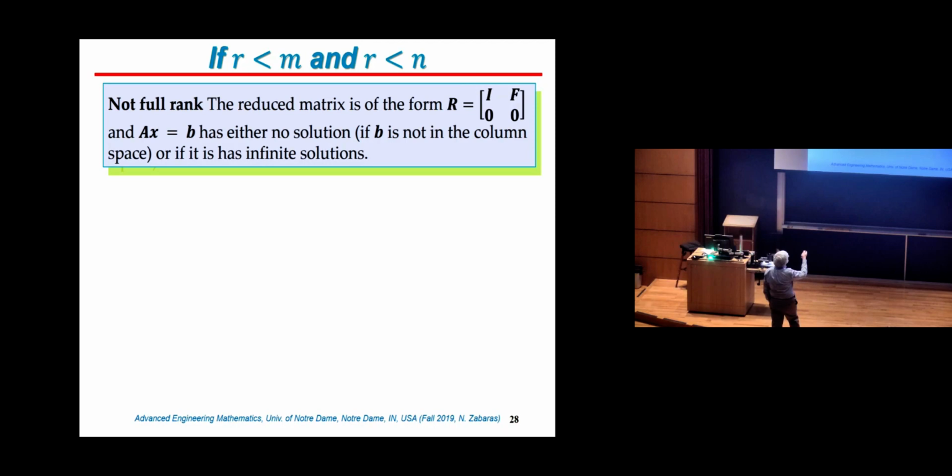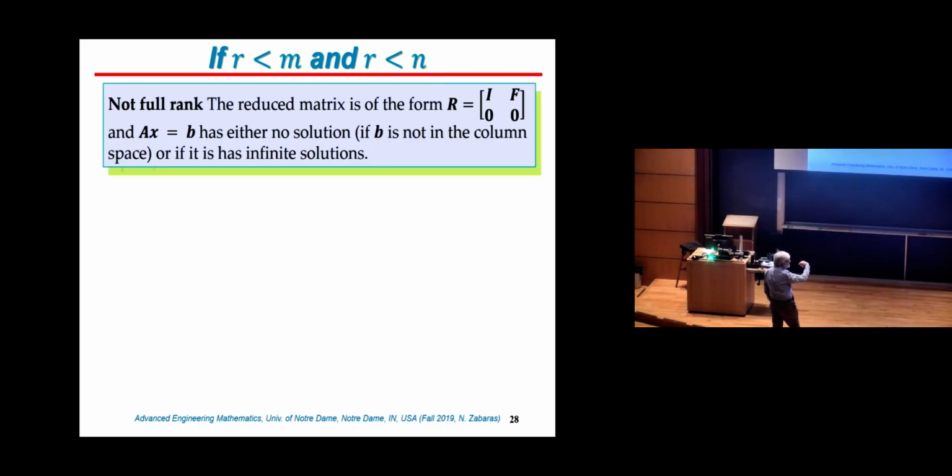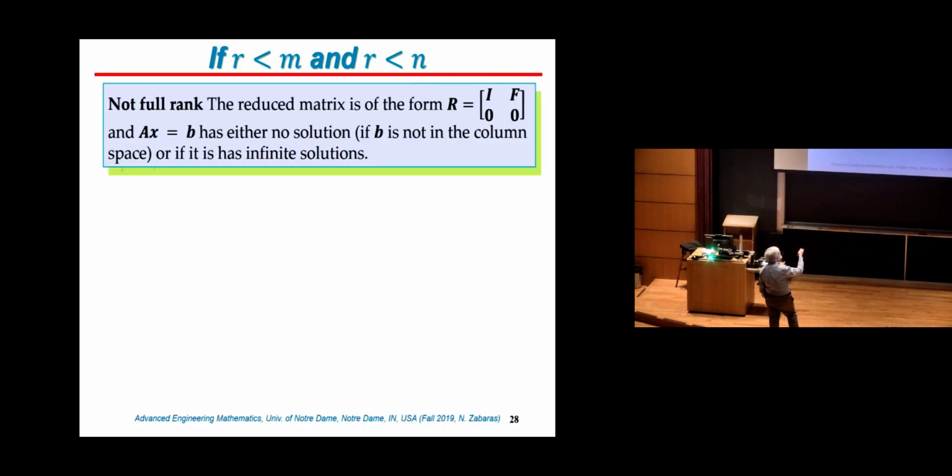effectively this reduced row echelon form has an identity matrix that has to match in dimensions with the free variables, I'm sorry, with the pivot variables, okay? So can somebody tell me what's the dimensionality of this identity matrix in the very general case?